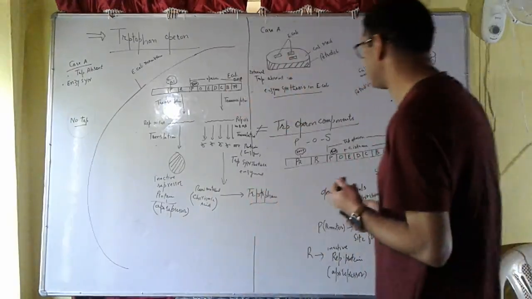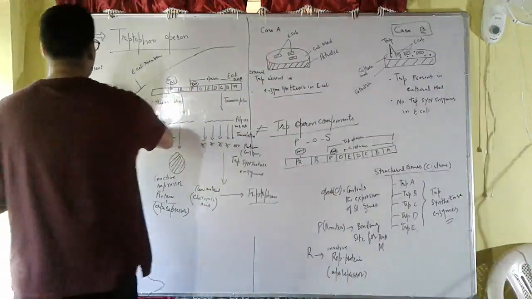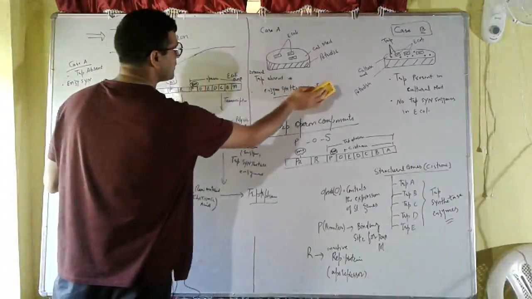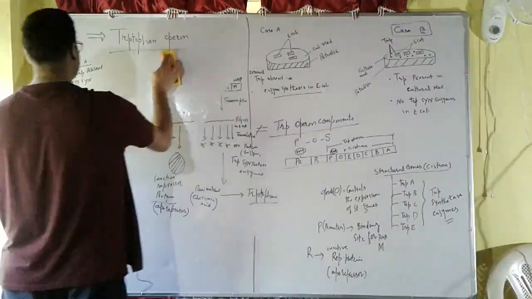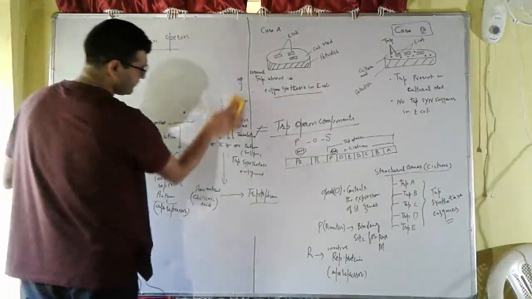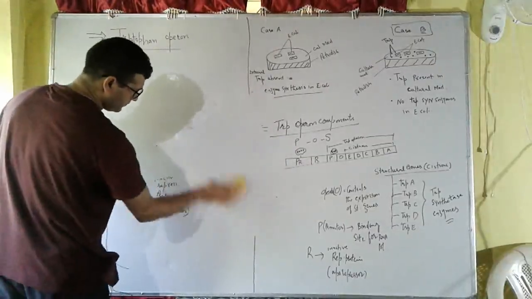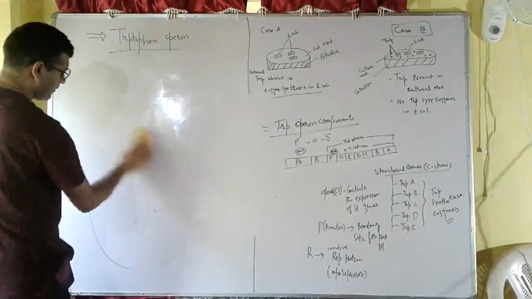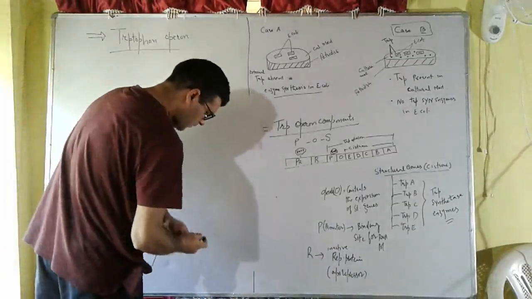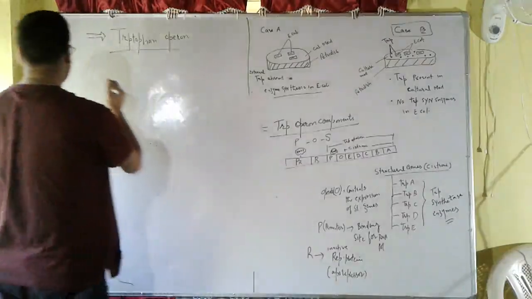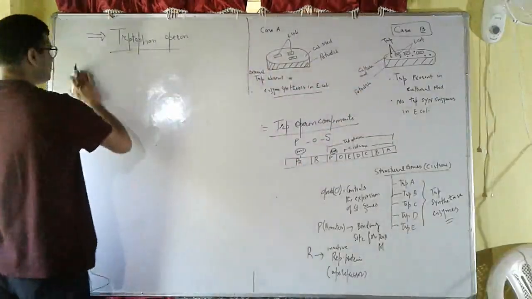Now this is the first case. We'll discuss the second case, that is when tryptophan is present in the culture medium. Suppose we have this second case, that is tryptophan present in culture medium.